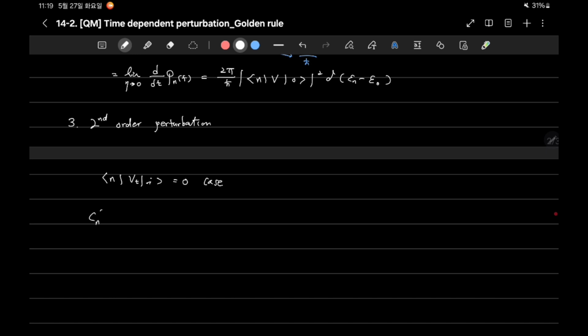Basically, we already calculated C_n(t) in the second order case as 1 over (iħ)², the integral from t_0 to t, dt', the integral from t_0 to t', dt_2', V_I(t') and V_I(t_2') |i⟩.